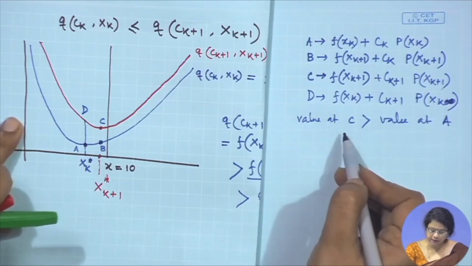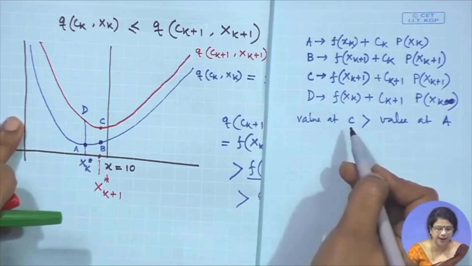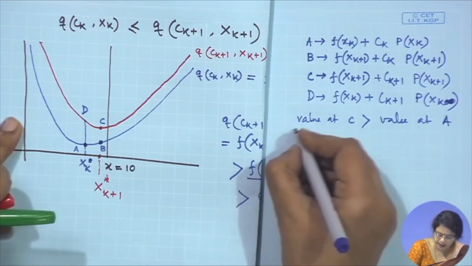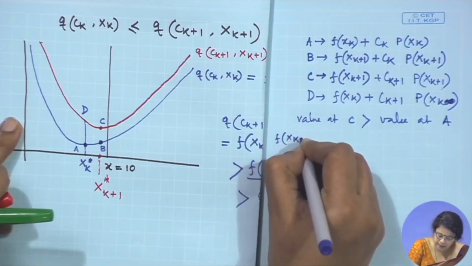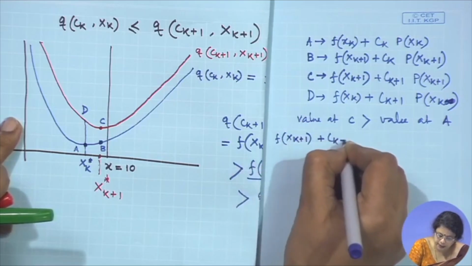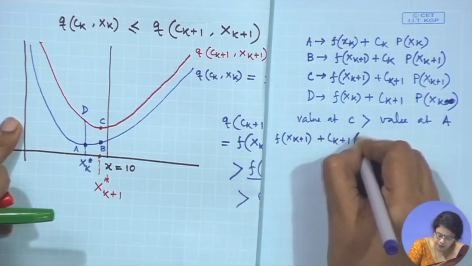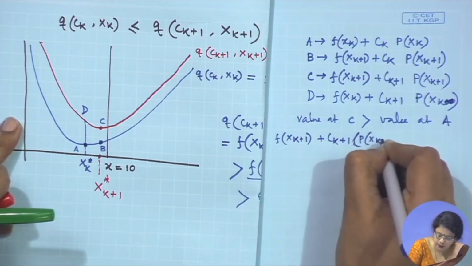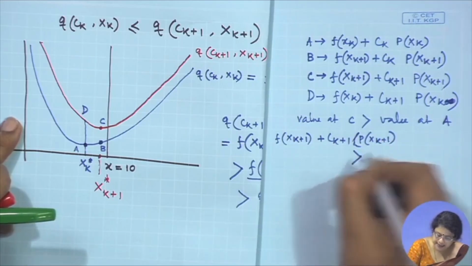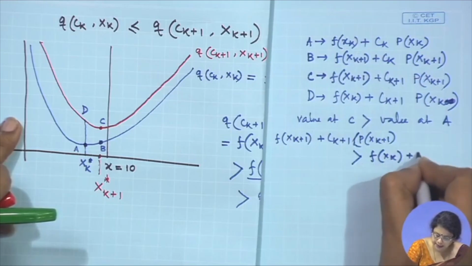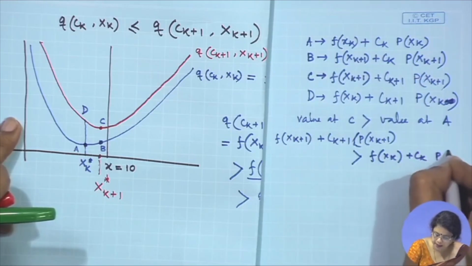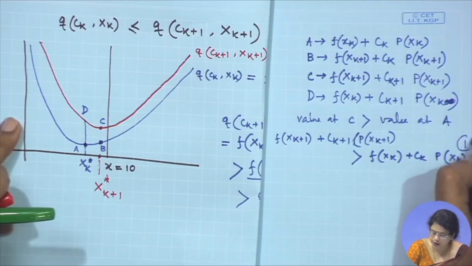Now, you see the value at C is higher than the value at A. That is why we can say that f(x_{k+1}) plus c_{k+1} p(x_{k+1}) is greater than the value at A, f(x_k) plus c_k p(x_k). Let me call it equation number 1.